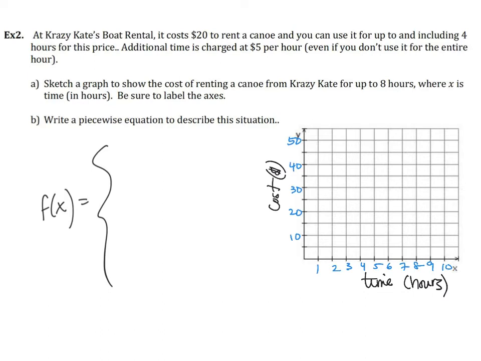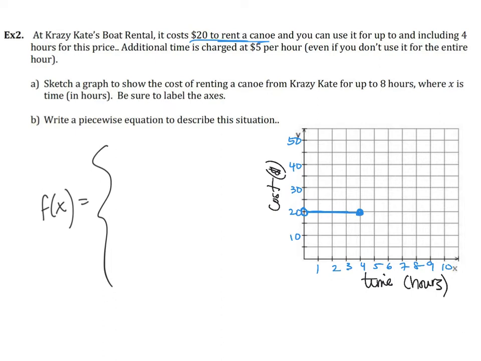So hopefully what you remember is that this is called a step function, right? We have individual steps. So the first step is occurring for $20. If we rented a canoe for up to 4 hours, then it's going to cost us $20. If we don't rent the canoe at all, if we have it 0 time, then it's going to be no dollars at all. But otherwise, it's going to be $20 up until hour 4.